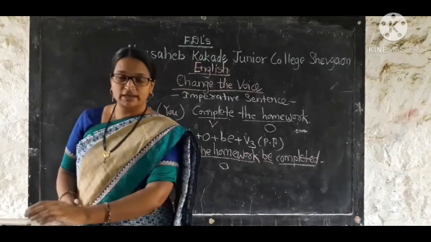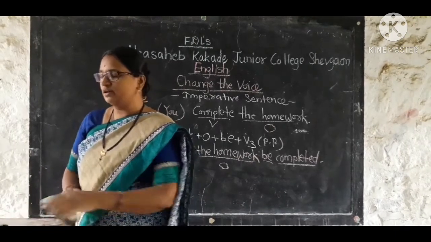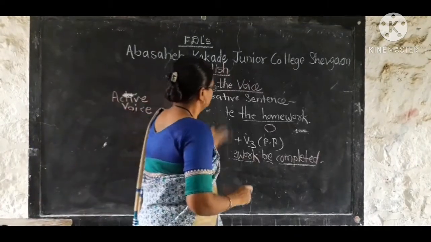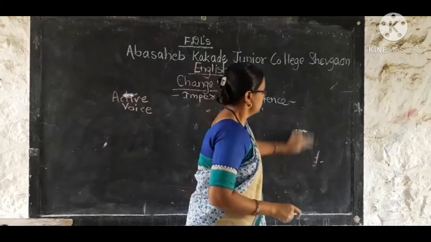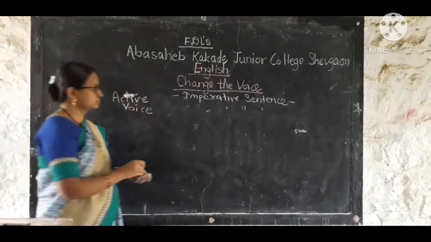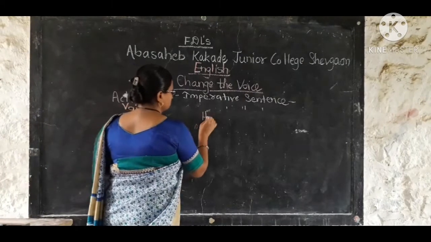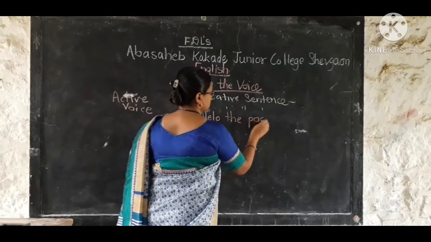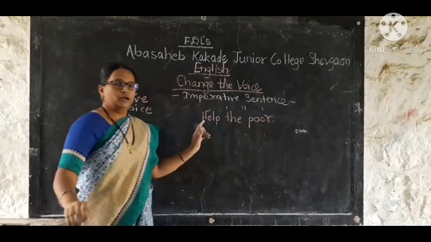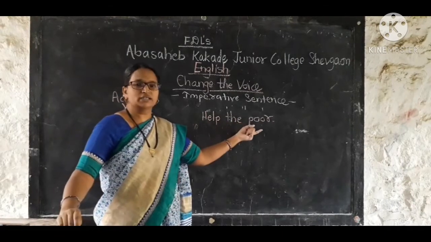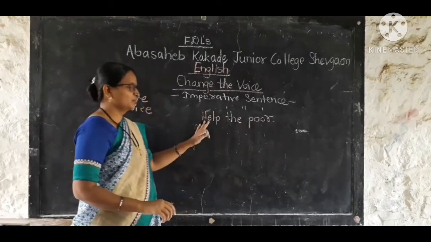We will take one more example so that you will understand it in a better way. Help the poor. Help is the verb and the poor is an object, and this is imperative sentence.